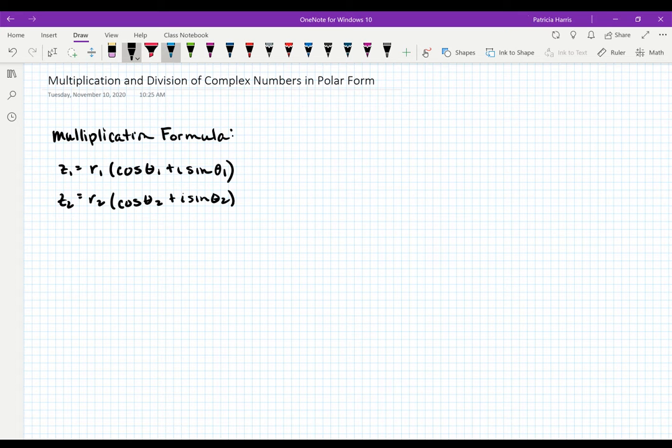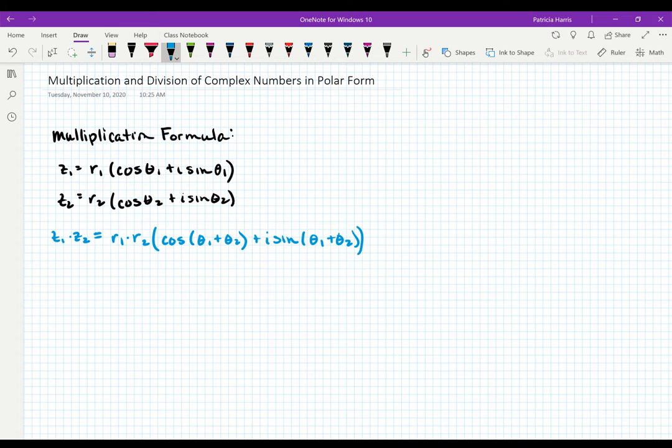Their product, z1 times z2, will look like this: r1 times r2, parentheses, cosine of the sum of the angles. So you multiply the radius, or the modulus, and you add the angles.